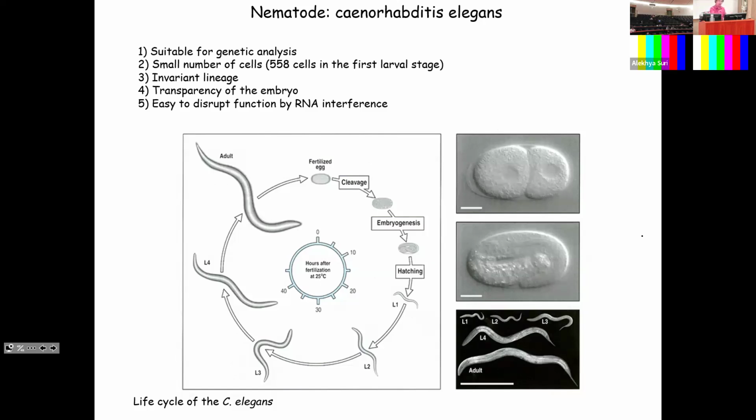So you could see a defect, and you could know right away that effect is done by this mutation. It's very simple to observe, and has a small number of cells. It is suitable for genetic analysis, and it's easy to disrupt function by RNA interference.